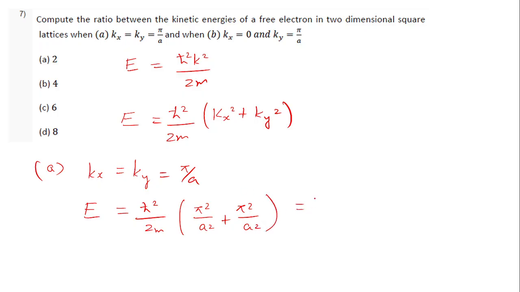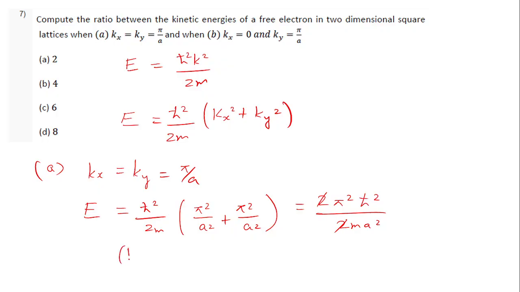So this will be 2 times, right? 2 pi square h bar square divided by 2m a square. So this will be pi square h bar square divided by m a square.